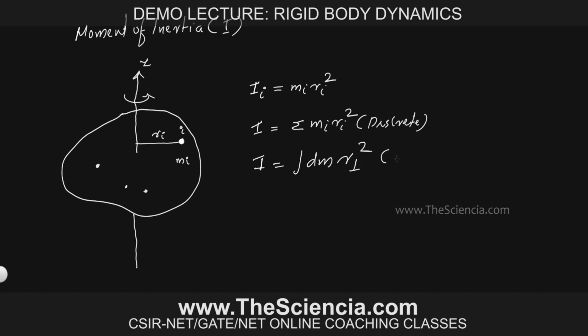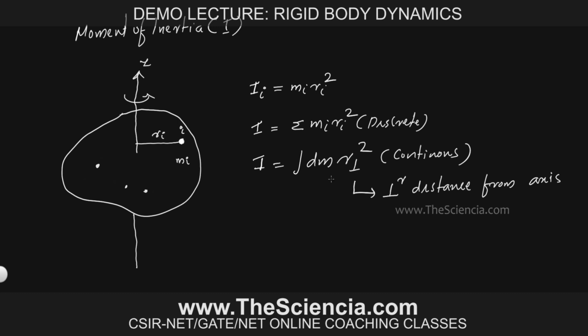This is for the continuous case, continuous body. And what is this perpendicular? This is the perpendicular distance from the axis. Here z is the axis of rotation, so the distance of the ith particle from the axis is called this perpendicular distance.